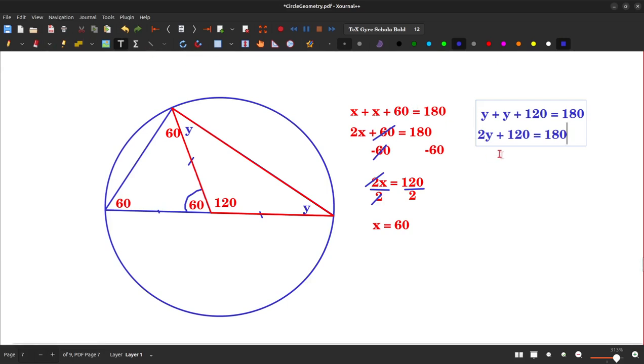Now from there, let's subtract the 120 on both sides. Minus 120, minus 120. So that this one is going to cancel this. And then on your left, you are left with 2y, which is equals to 180 minus 120. That should be giving me 60 degrees. Then from there, divide both sides by the coefficient of y, which is 2.